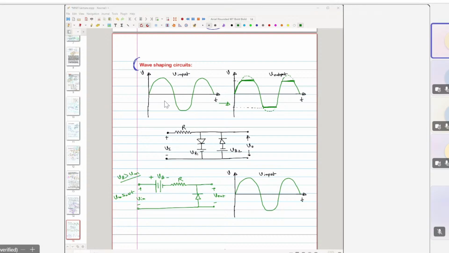So what is this? This is a clipper circuit. So we need to use some clipper circuit to modify this waveform into this particular waveform.